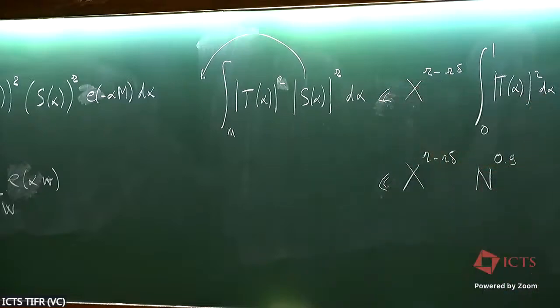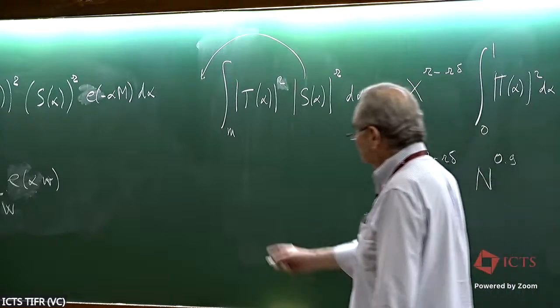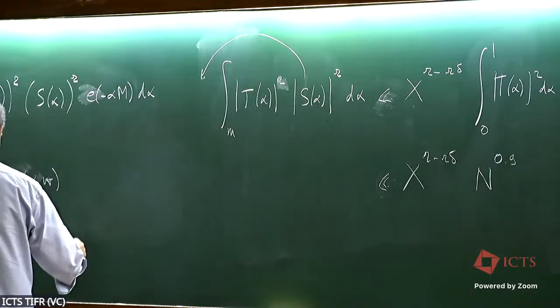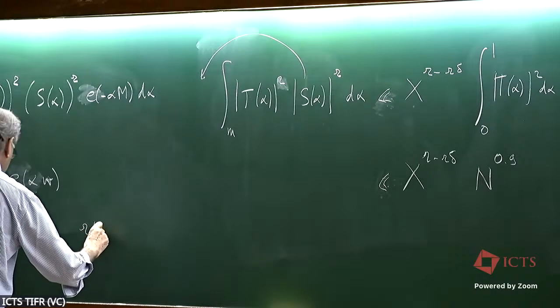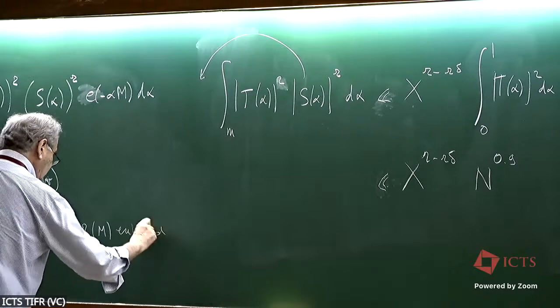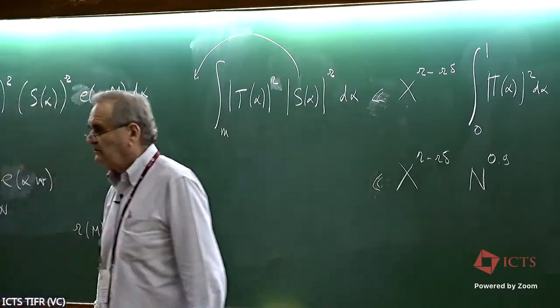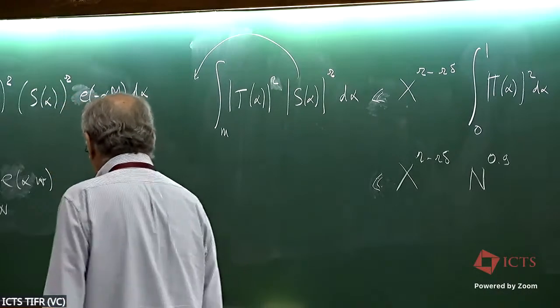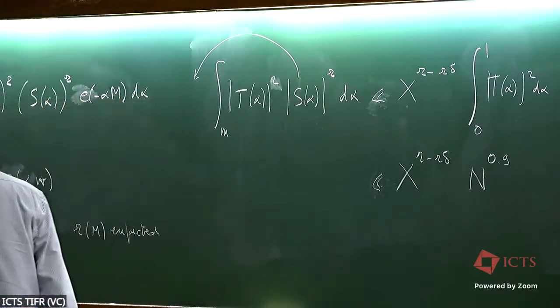Okay. Whereas in the main term, what you expect is, as usual, what you expect here, Rn is expected. And when I say expected, it means also this is the contribution of the major arcs. Major arcs, everything is as you expect. Rn is expected to be what?